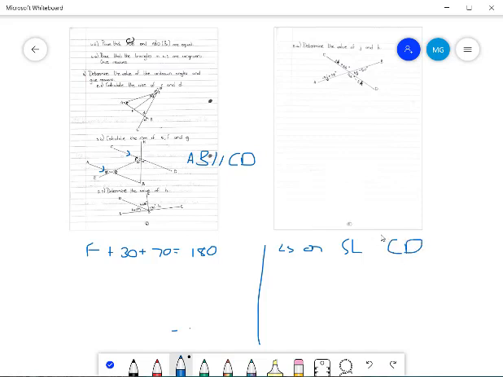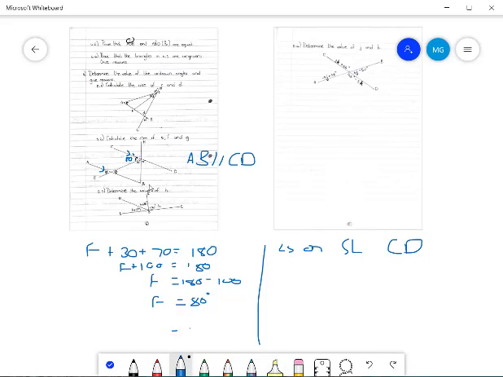So we know that the straight line is CD. So angles on straight line CD are equal to 180 again. Add these two, which gives me 100. And then you just take the 100 over and it becomes a subtraction. So that means that F equals 80 degrees.